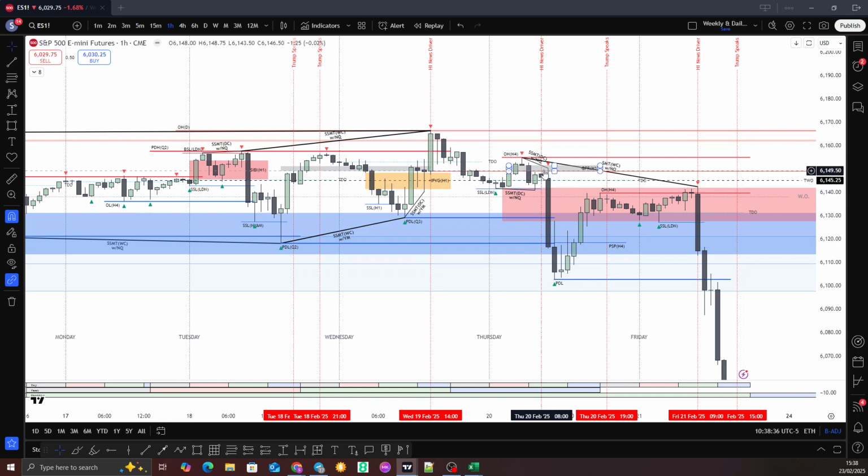Okay, and then we get... actually, does it? I'm going to remove this for the time being, because I may have got this confused with a different area of the week.